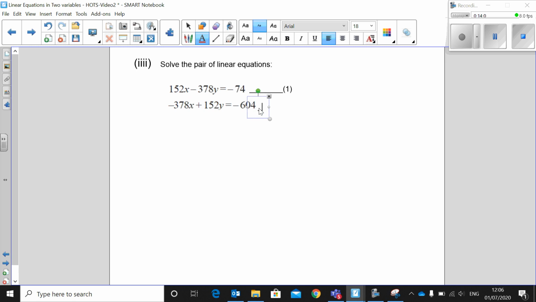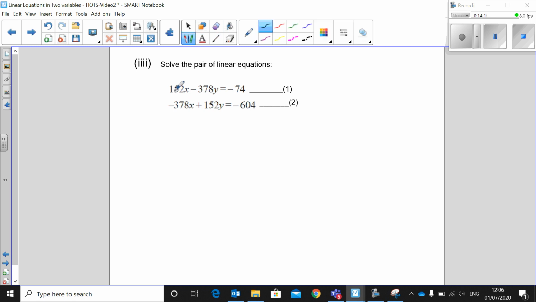Similarly, the coefficient of y in the first equation is the coefficient of x in the second equation. If it is in that case, we can use a special method.